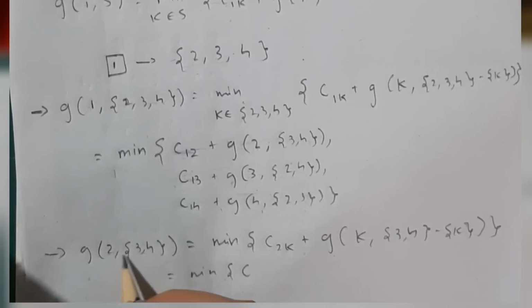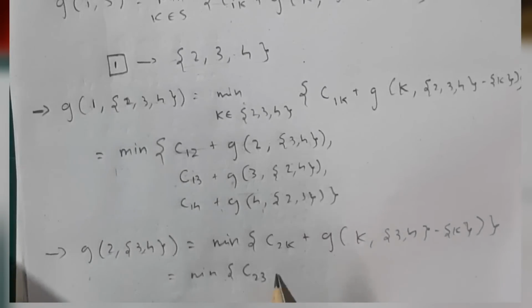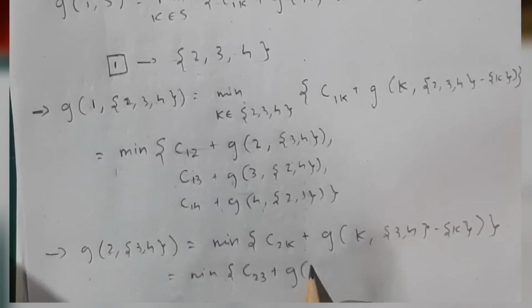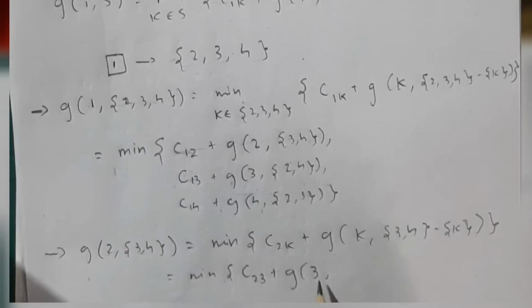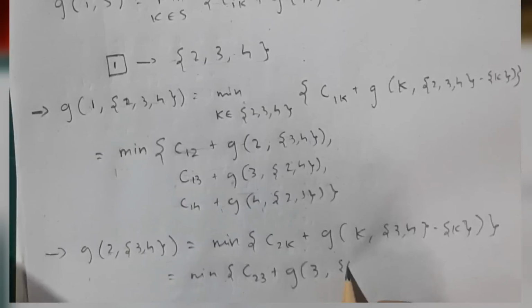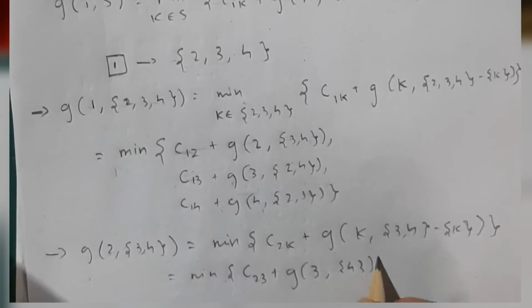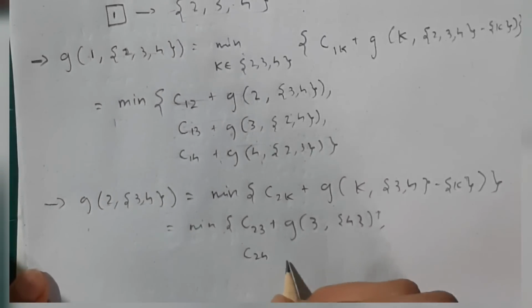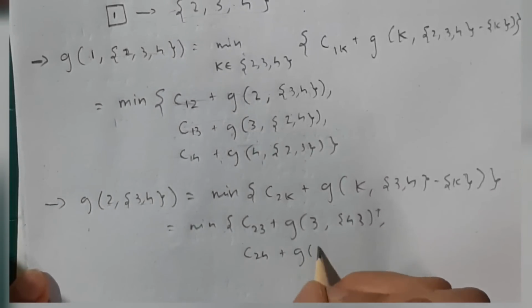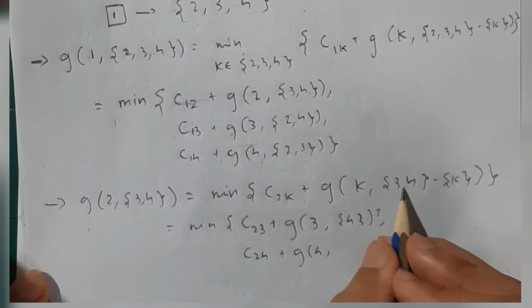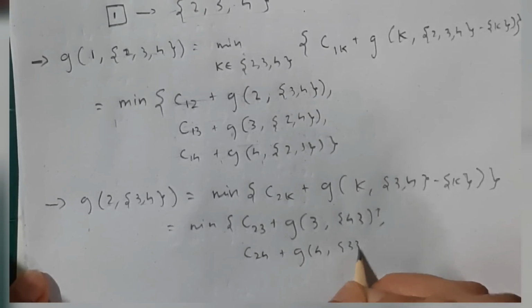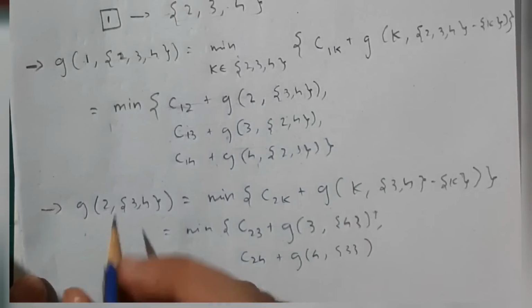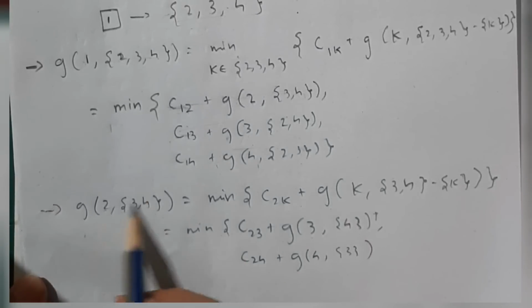The first one is C of 2 3 plus G of, if I choose 3 here, at that time I have to remove 3 from this set, so I'll be remaining with 4. Then the second possibility is choosing 4, C of 2 4 plus G of 4 comma, if I remove 4 from this, I'll be remaining with 3. Okay, so I've got this value for this one.